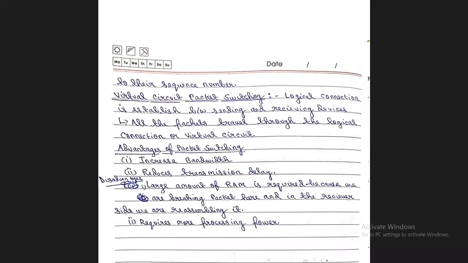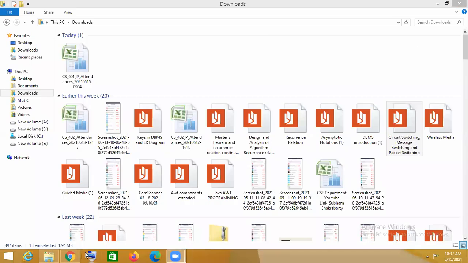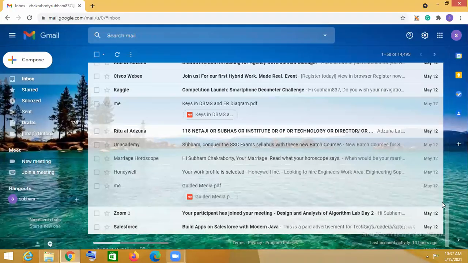But it may happen that some packets arrive first and some take more time, so they are out of order. So on the receiver side, we have to reassemble the packets according to the sequence number of the original packets when they were sent from the sender. That's how the three switching techniques work. Clear? So this is all about the switching techniques.